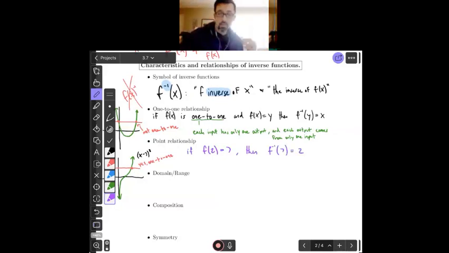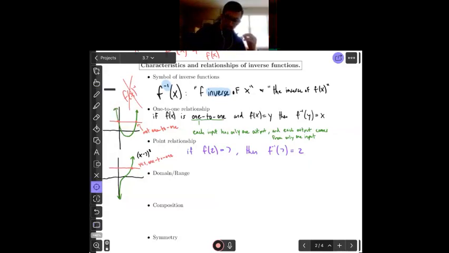So that idea that the functions undo each other, that whatever math is happening to 2 to get 7, right? So I plug 2 into f, I get 7. I plug 7 into f inverse, it undoes that math and spits the 2 back out. If I take $2 and I get 7 euros, then 7 euros must be $2. 2 degrees Fahrenheit is 7 degrees Celsius. It's not. Then 7 degrees Celsius must be 2 degrees Fahrenheit. It's not. Okay? So it's the undoing.